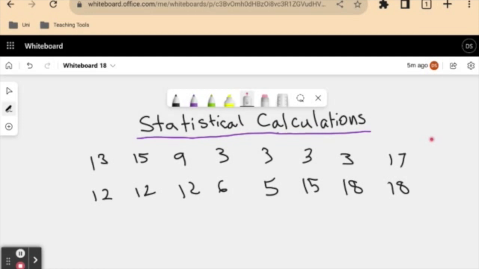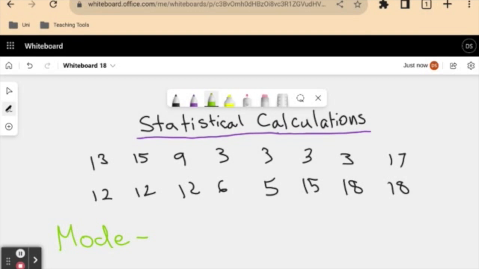So I have my data set, and underneath it, I'm going to write my mean, median, mode, and range. So let's start with the mode. That's a pretty decent one to start off with. It's not too conceptually difficult, but the mode is just the most occurring number.